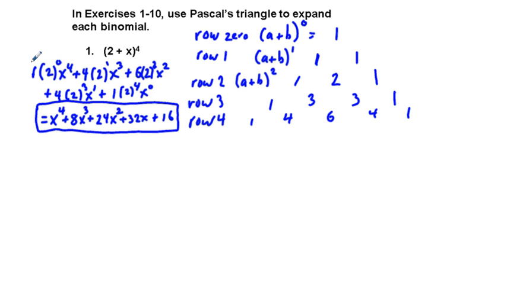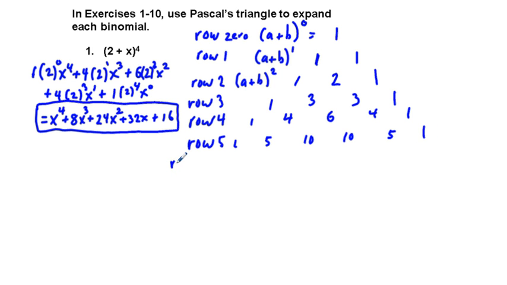Now we've done problem number 1, but I'm going to continue expanding the triangle that we're going to come back and access here. I think we're going to go through row 8. So row 5 is going to be 1, 1 plus 4 is 5, 4 plus 6 is 10, 4 plus 6 is 10, 4 plus 1 is 5, and then 1.